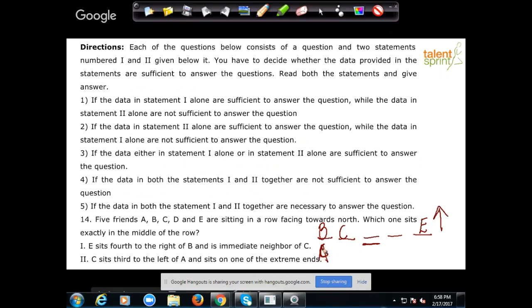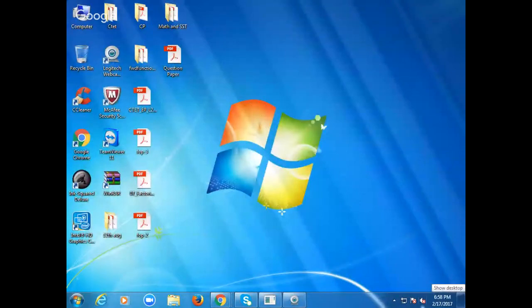Just a minute, just give me a minute. Let us now, boys and girls, plot out what the second statement is saying.